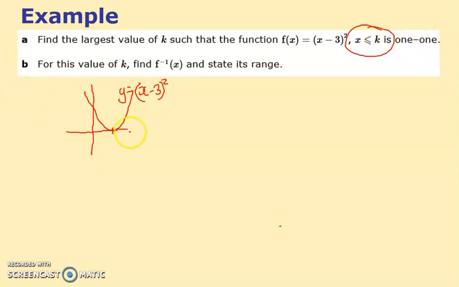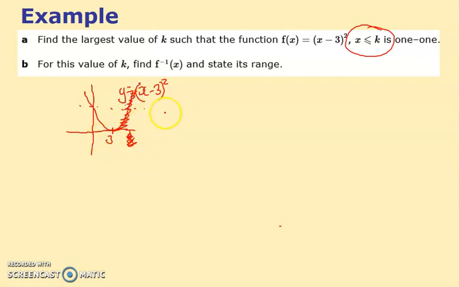So, for instance, I know that's 3 here. If I was to pick 5, pick that randomly, you can see that at the moment it's got these 2 places where it crosses, and if that was a bigger number, I don't know, 8, it would still have 2 numbers. So I basically need to get rid of all of this bit.